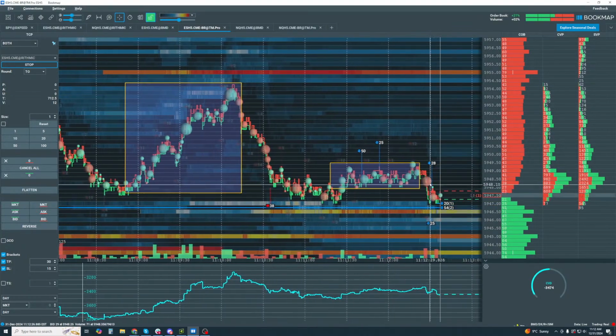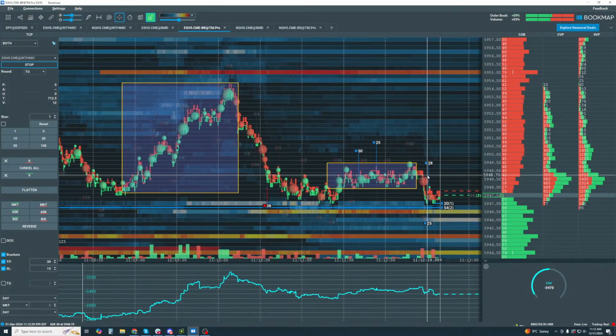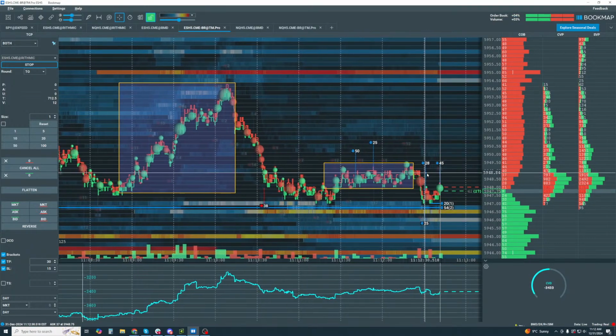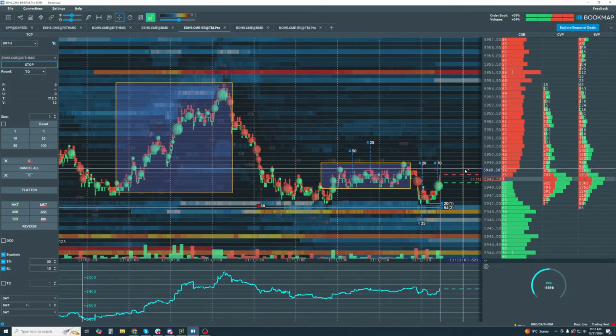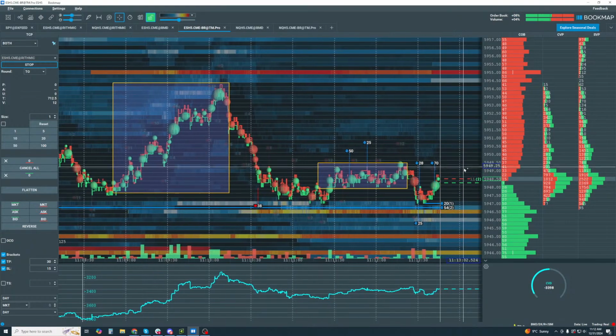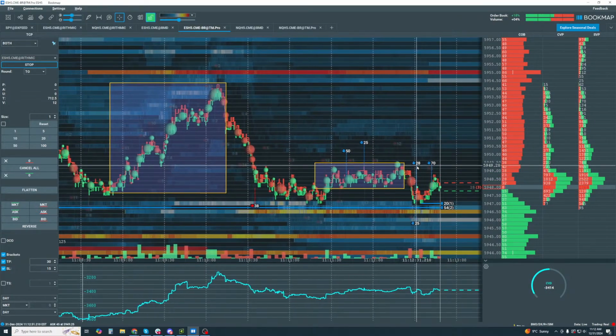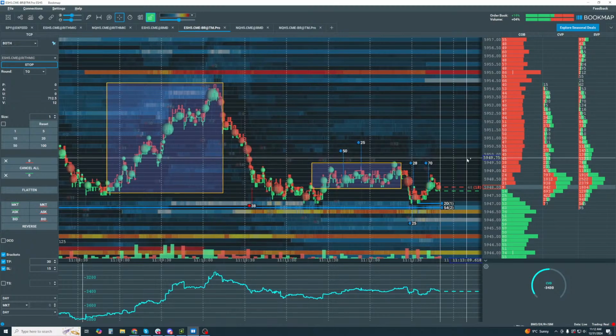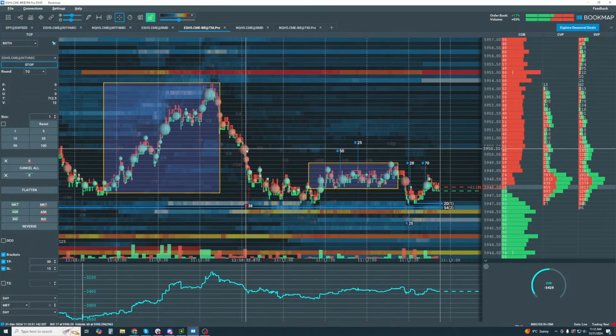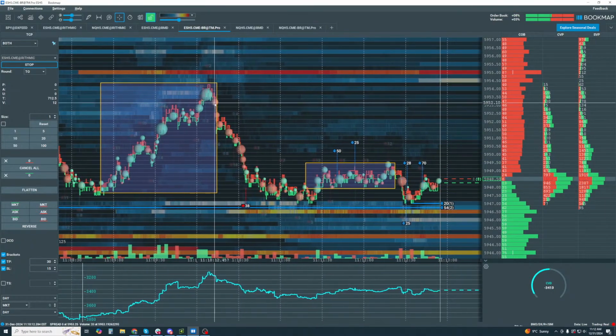So here's some selling that can get upended if we can get back up here again, buy side. This would be the first little test where the selling came back up.